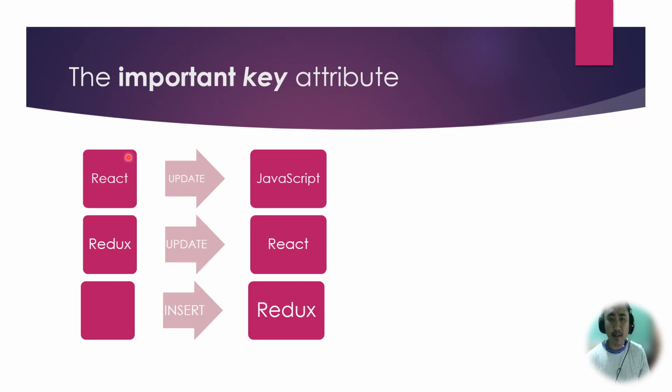So it will update the React data into JavaScript and Redux data into React. And lastly, instead of inserting new JavaScript data, it will insert Redux as their new data. Even though the result will look exactly as we want it, we have three data, but behind the scene, React did not update the data effectively.